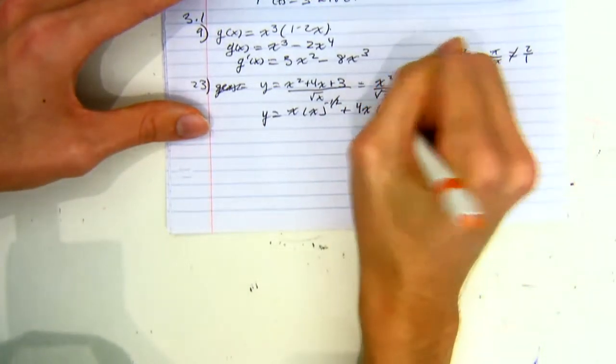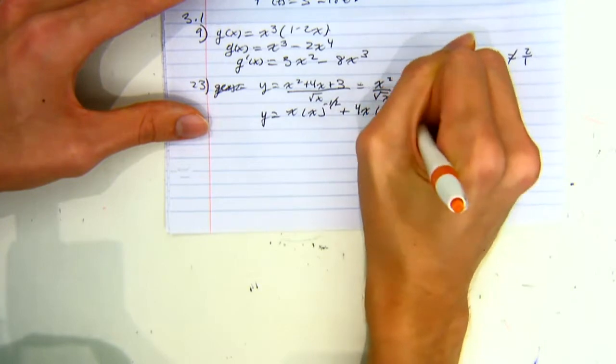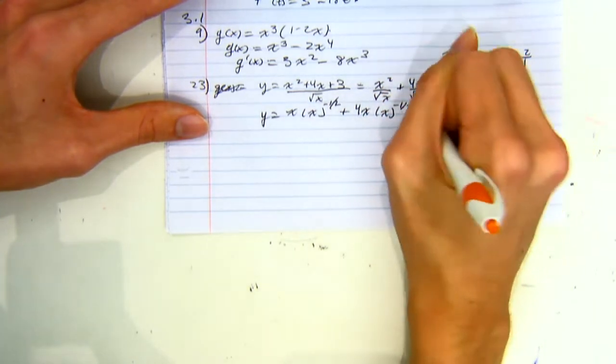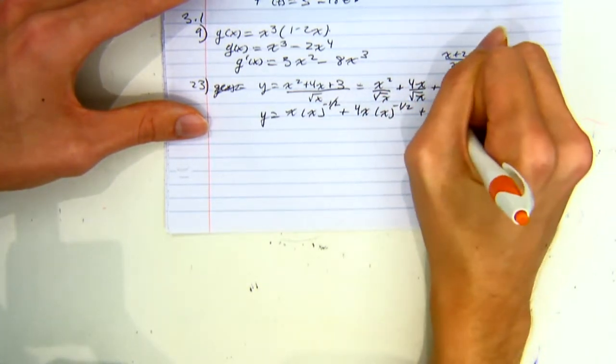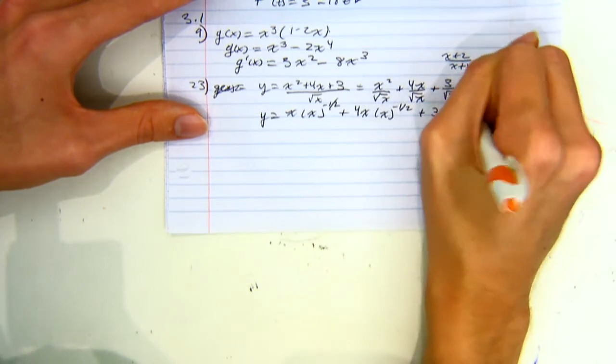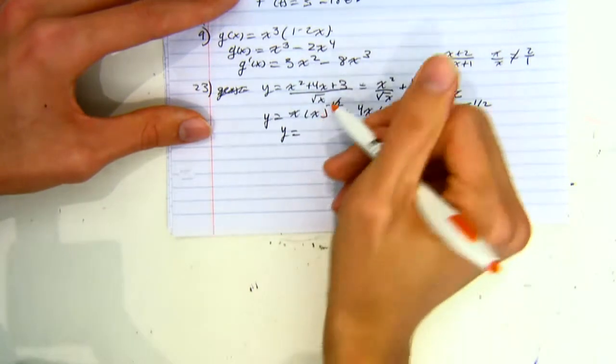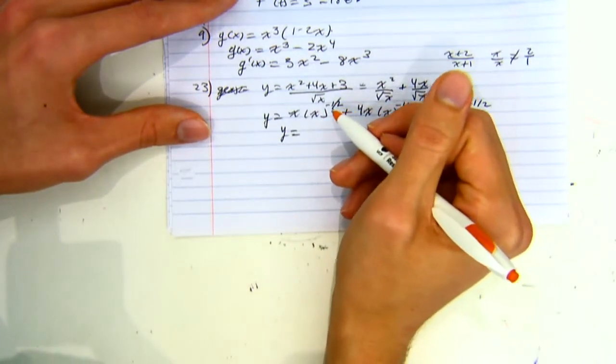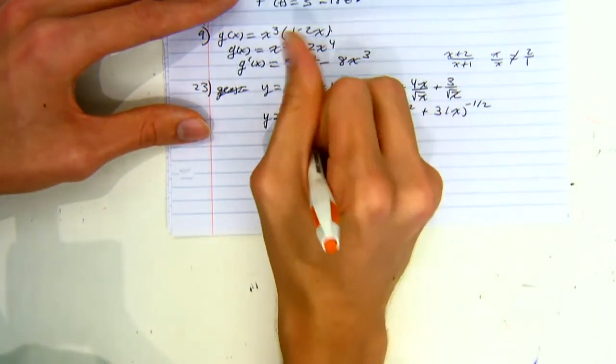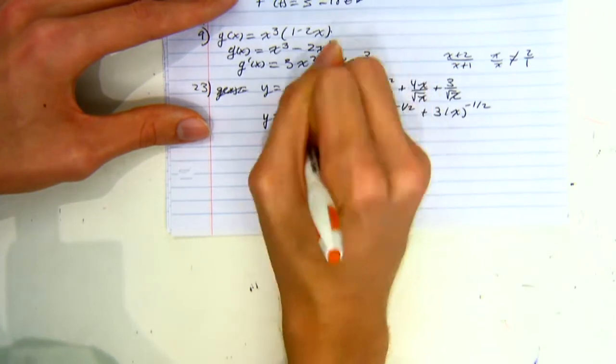So we can bring them up to make our lives a little bit easier. And we can simplify this a little bit more. This is going to become 1/2. Its exponent.